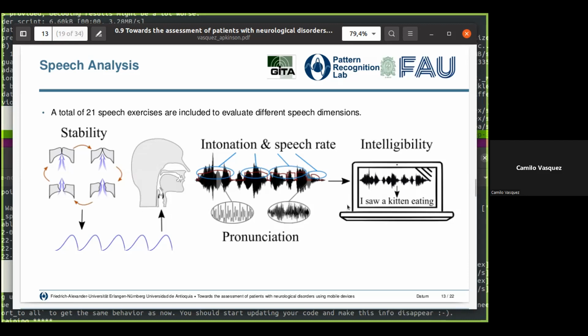We have a pronunciation analysis based on the use of phonological features to track how the different plosive sounds in the diadochokinetic tasks are performed. And Apkinson incorporates within a server a speech recognition system to track the intelligibility of the patients when they pronounce different read sentences.